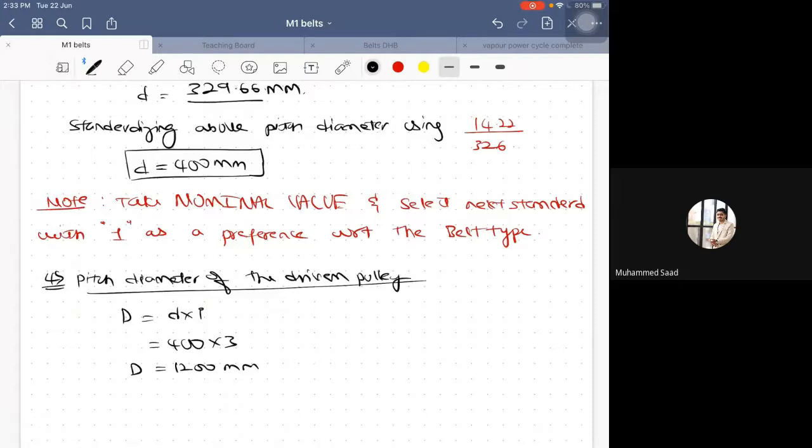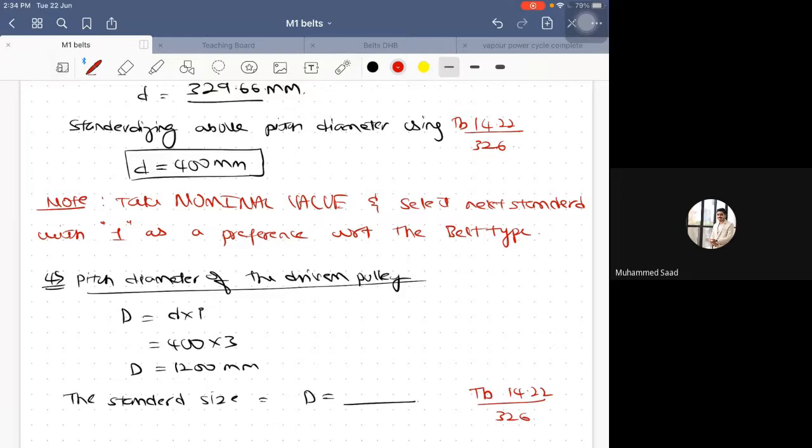Now, standard size for 1200. Please look into the same table and give me the value of standard size using the same table reference. This one, table number 14.22, page number 326.